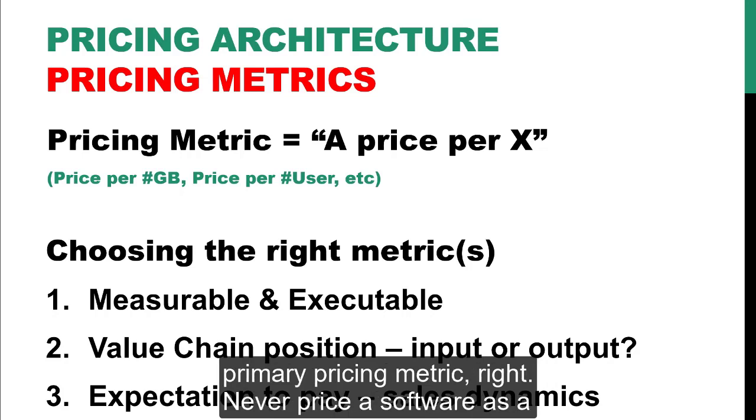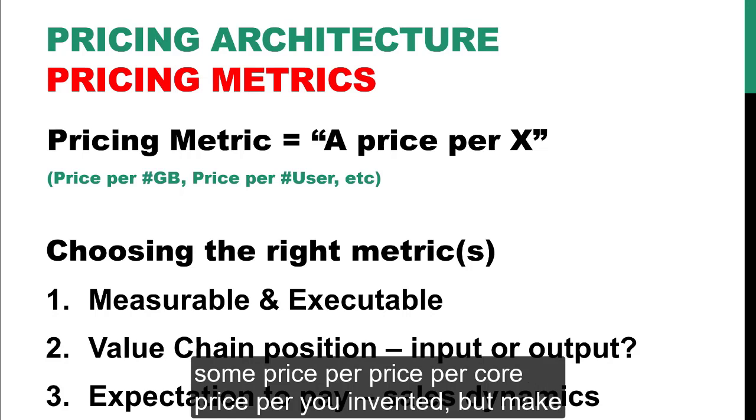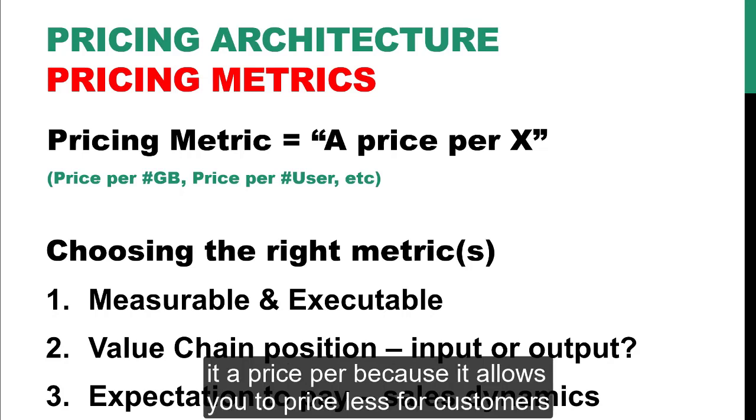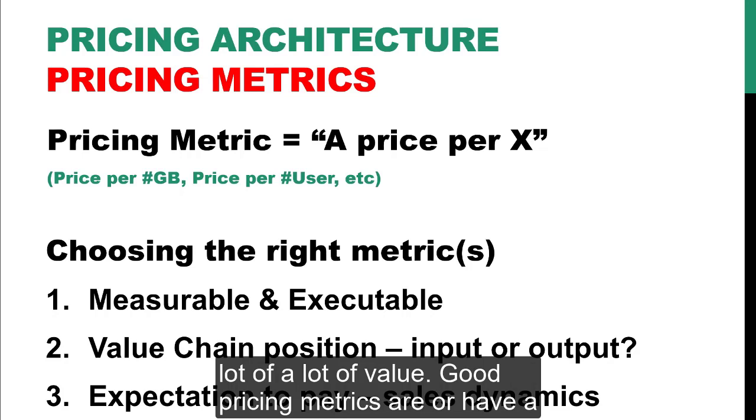Never price a software as a service business only with flat fees. Don't do it. Always have some price per core, price per, you invent it, but make it a price per, because it allows you to price less for customers that don't use as much and price more for customers that use a lot or get a lot of value out of it.